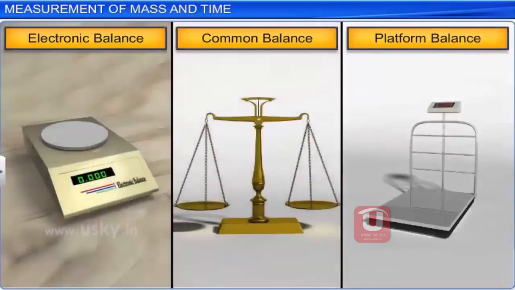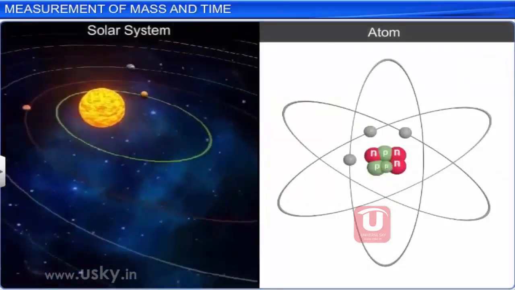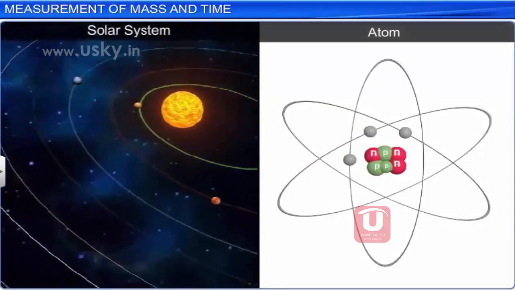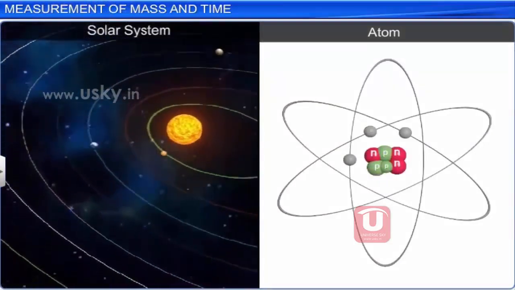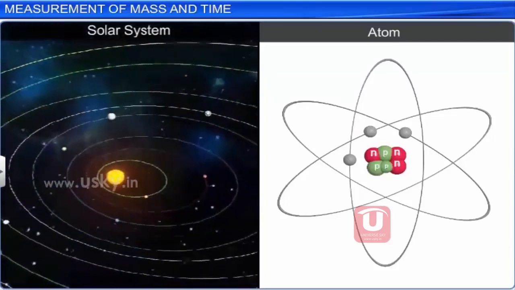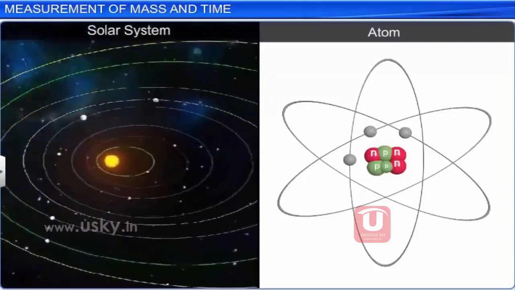However, some objects are either so large or so small that their mass cannot be measured using balances. For example, the mass of heavenly bodies, like planets and stars, or the mass of subatomic particles, like an electron or a proton, cannot be measured by direct usage of a balance.